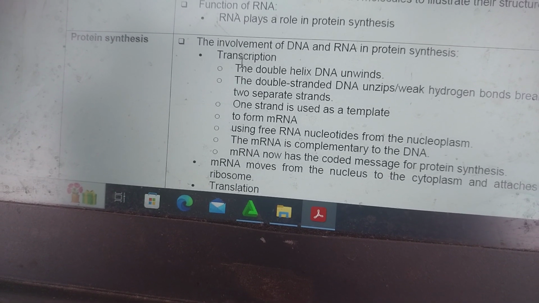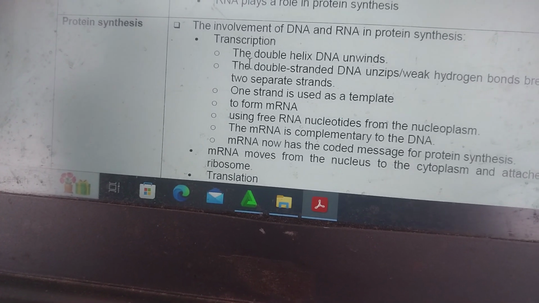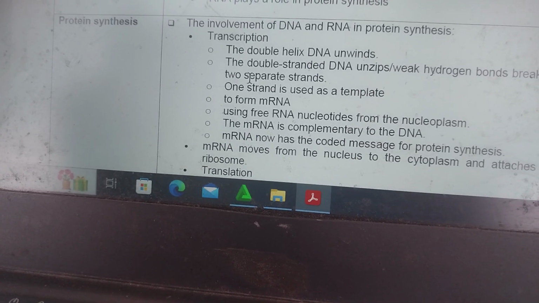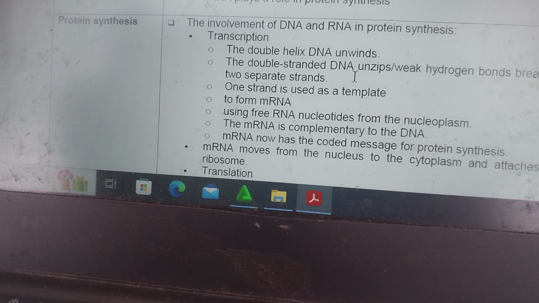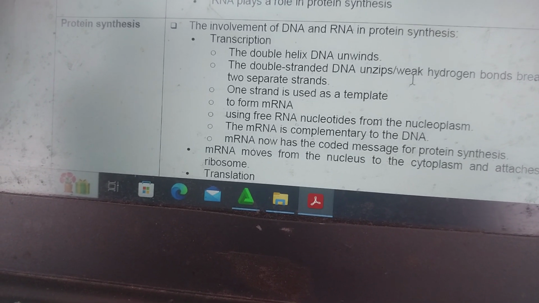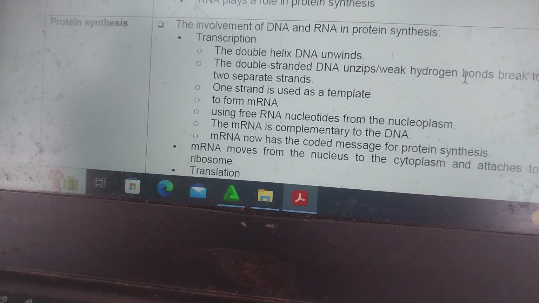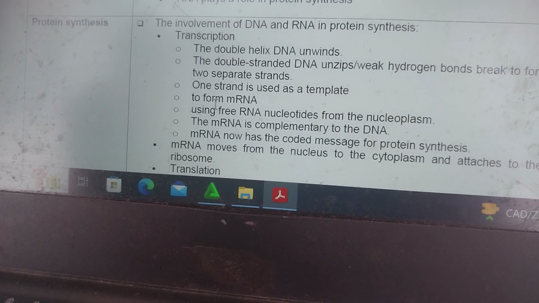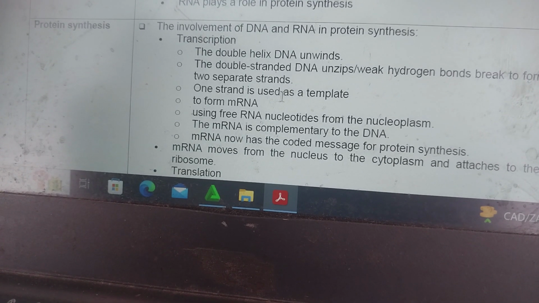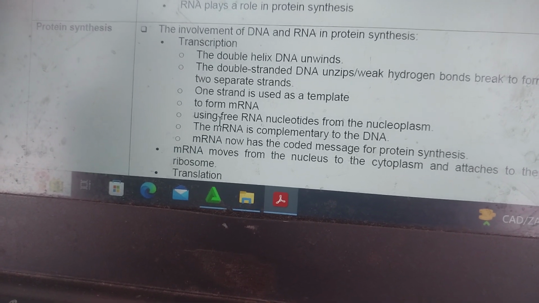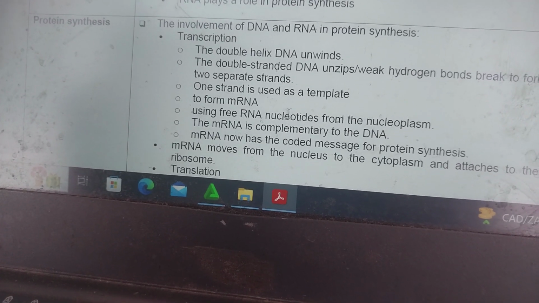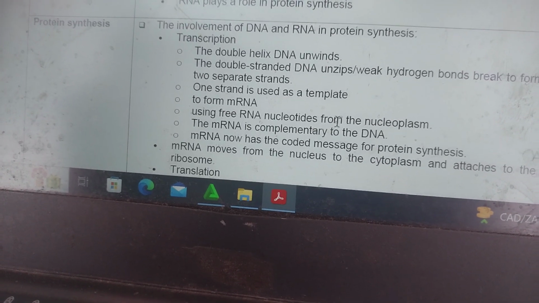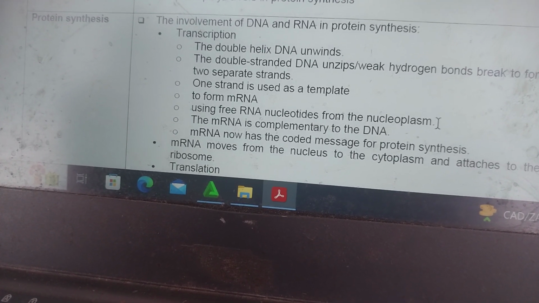So during transcription, you must know that the DNA double helix opens up or unwinds, and the DNA double-stranded structure will unzip, meaning the weak hydrogen bonds which are holding the two strands of DNA will have to break, and you'll have one strand coming out as a template, which we call messenger RNA, using the RNA nucleotides from the nucleoplasm.